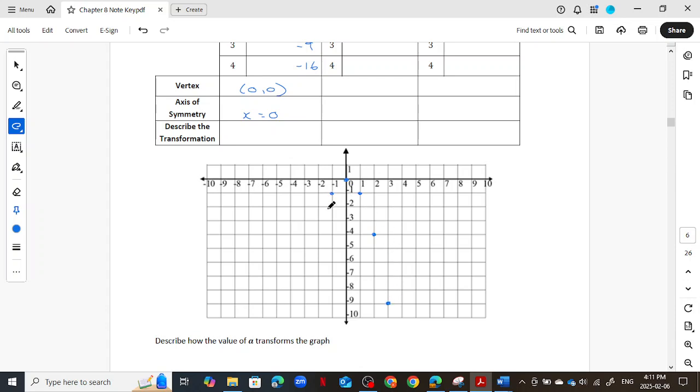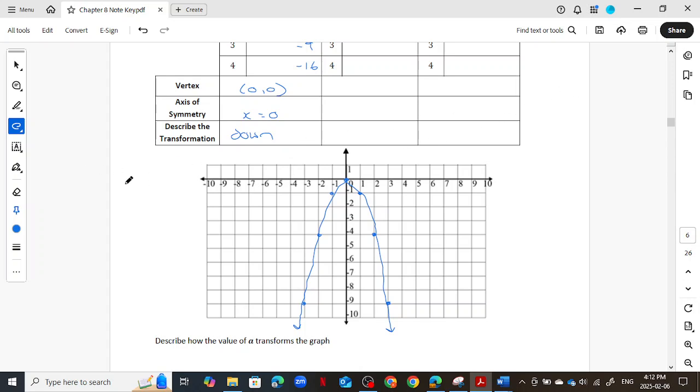So what did this a value of negative 1 do to my graph? Well, it made it open down. So I've already decided the a value does not affect the vertex, but we'll say that it opens down, right? Or the graph has a maximum instead of a minimum.